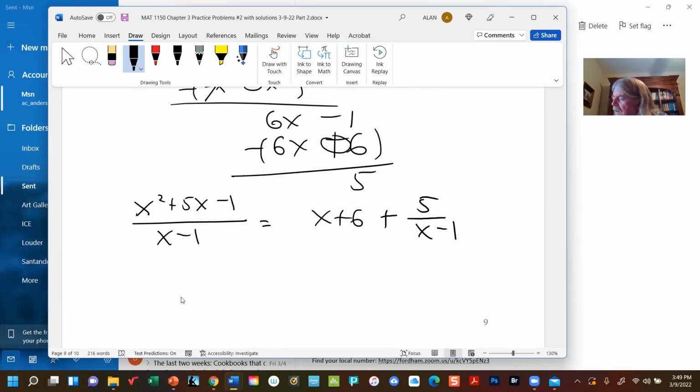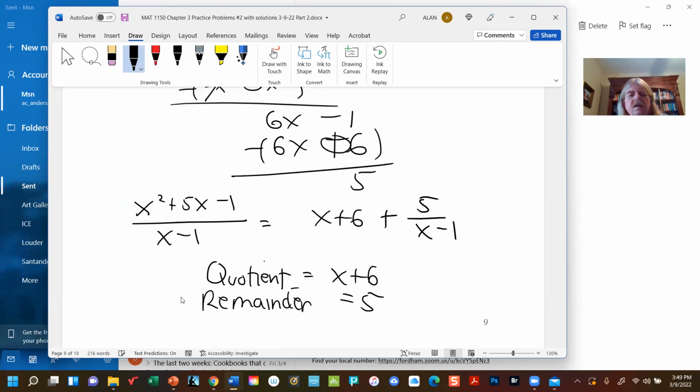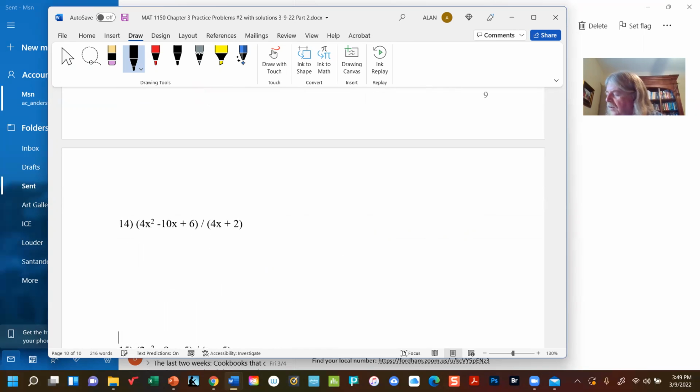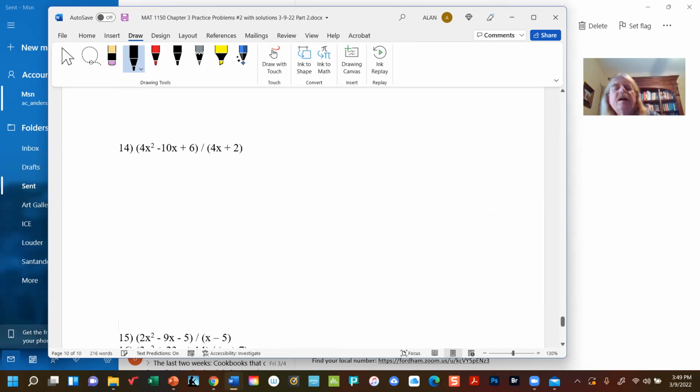So the quotient is x plus 6. The remainder is the 5. Right? That's your remainder. That's your quotient. All right. Now, of course, sometimes you have no quotient, no remainder at all. That's always very satisfying, but it often does not work out that way. Not with polynomials. So let's try this one.